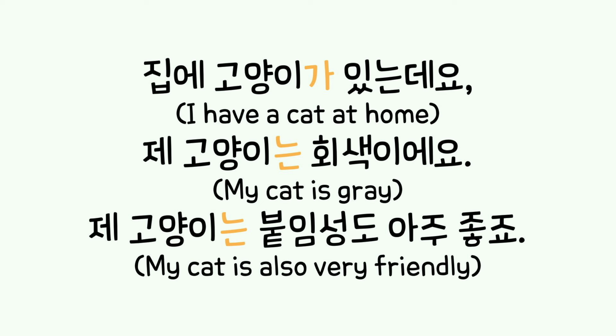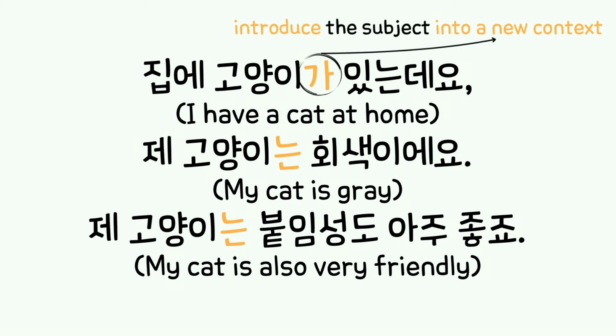You are with your friend and you are explaining your cat at your home. You say, 집에 고양이가 있는데요. 제 고양이는 회색이에요. 제 고양이는 붙임성도 아주 좋죠. You can see you introduce your cat first using 가, newly into a context.